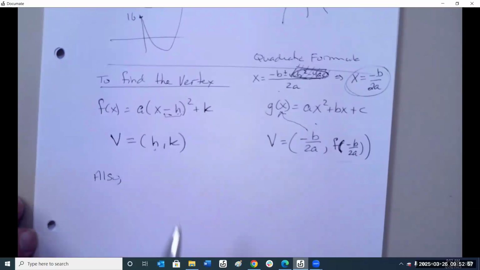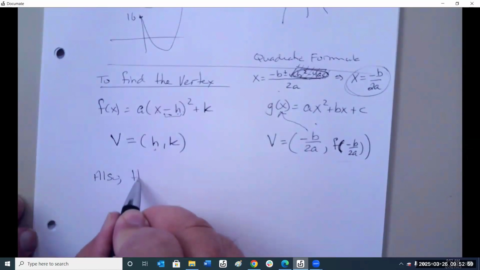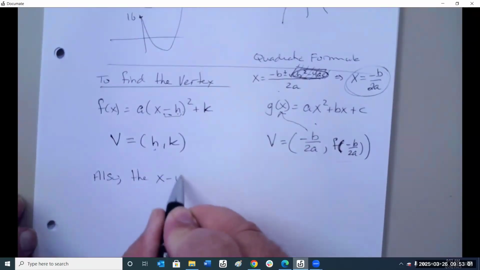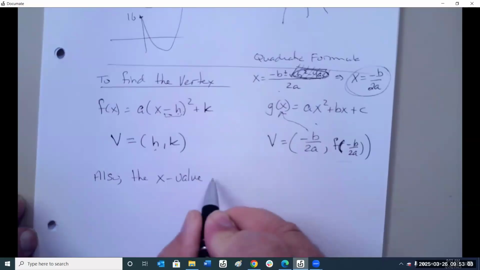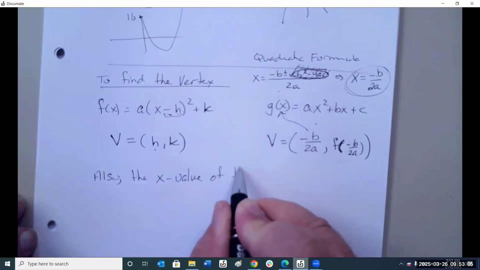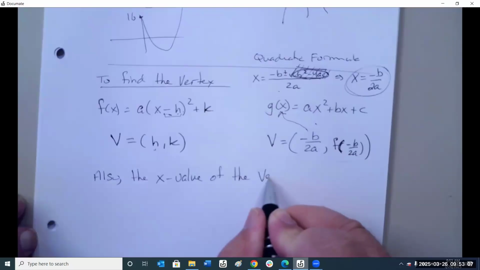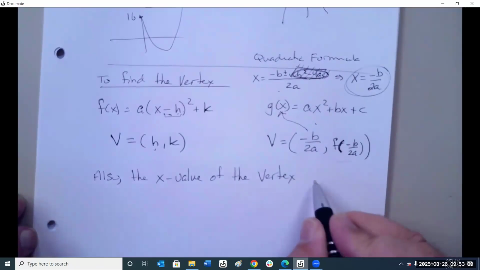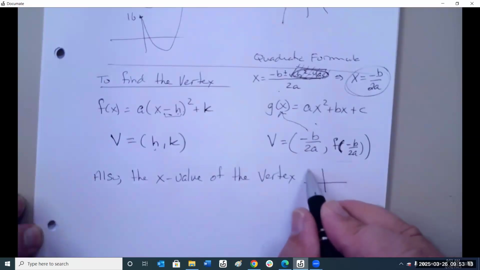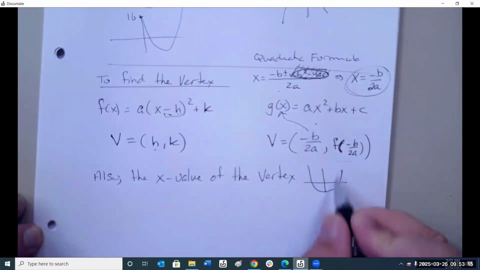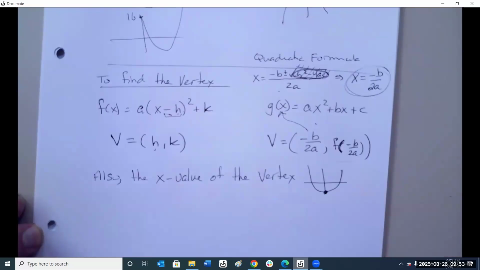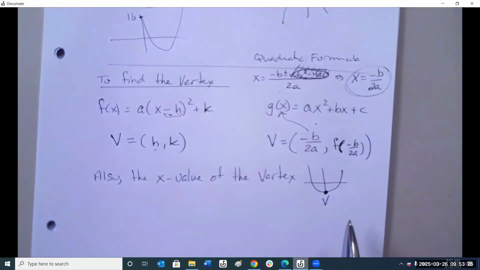Also, the x value of the vertex. Remember, let's say the graph looks like this. If this is my vertex, that's the lowest point.